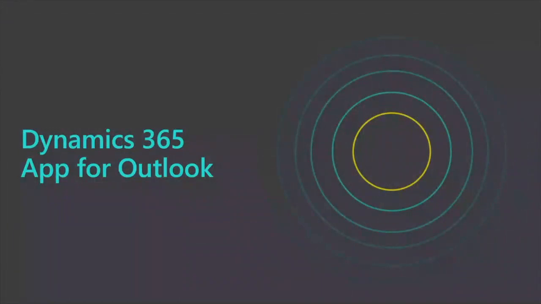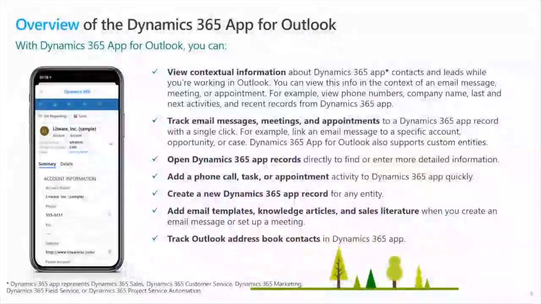So first, let's discuss what's in the app for Outlook. You may already know it, but it's good to review some of the core features. The app for Outlook allows you to view contextual information about Dynamics 365 contacts, leads, records while you're working in Outlook without having your CRM opened in the browser and Outlook opened in the background.